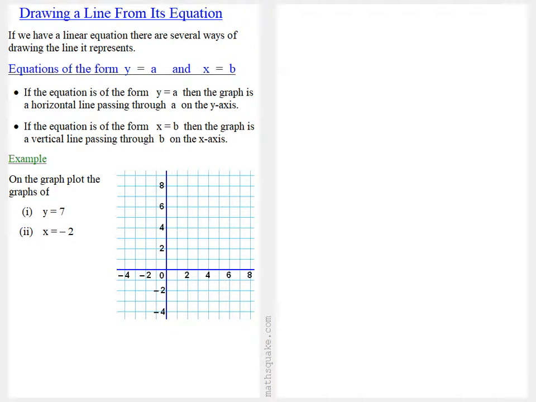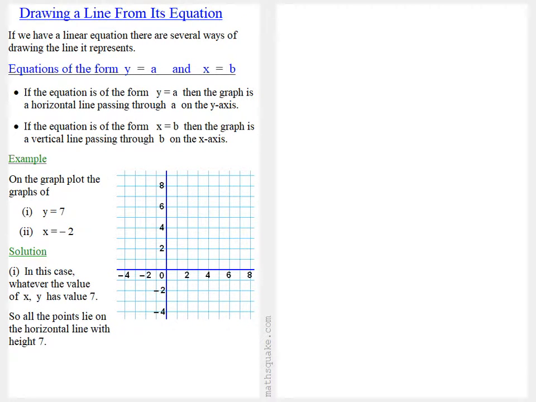Let's look at an example. On the graph, plot the graphs of y equals 7 and x equals minus 2. Well, to do this, in question 1, in this case, whatever the value of x, y always has the value 7. So all the points lie on the horizontal line with a height 7.